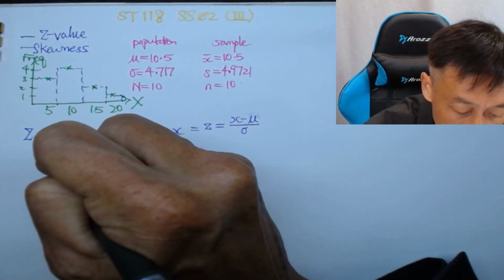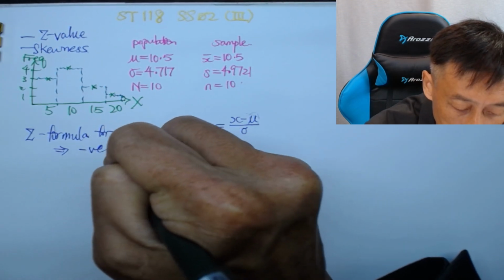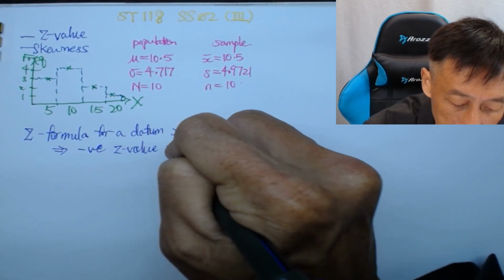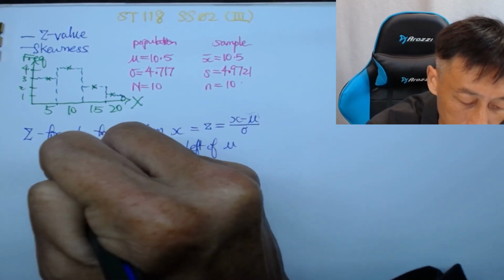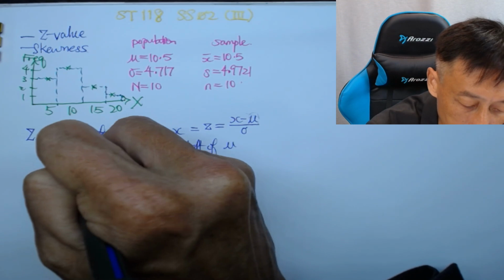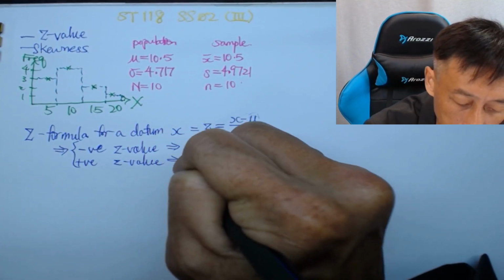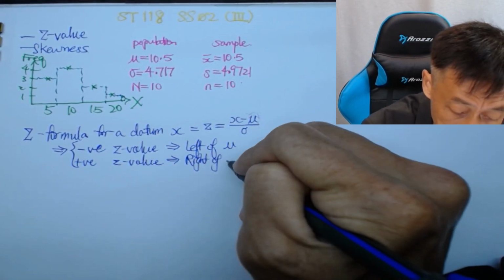First of all, let's note that a negative Z value implies left of mu. Positive Z value implies to the right of mu.